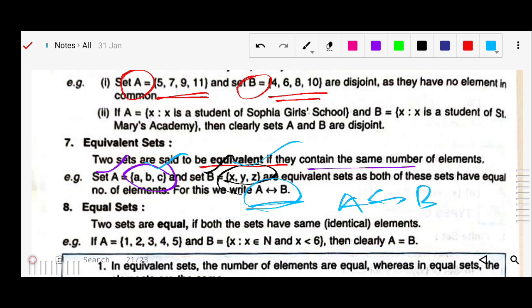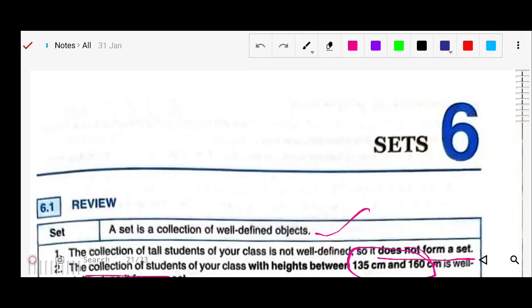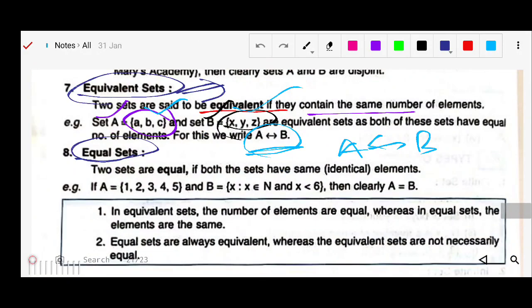Next are equal sets. Two sets are equal if both sets have the same identical elements. Please keep this in mind: equivalence is just about the number, checking whether the same number of elements are there or not. But in equal sets, they check the same number of elements as well as the same values. A has 1, 2, 3, 4, 5 and B is all natural numbers less than 6.